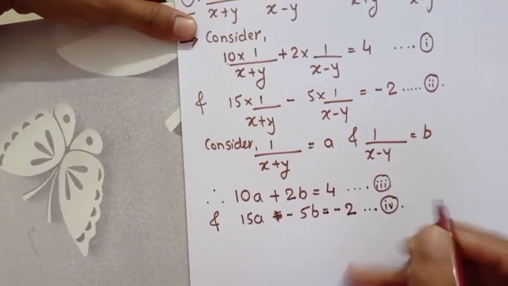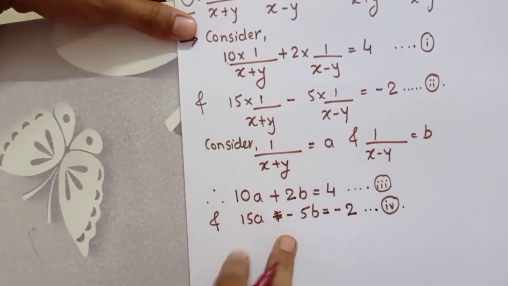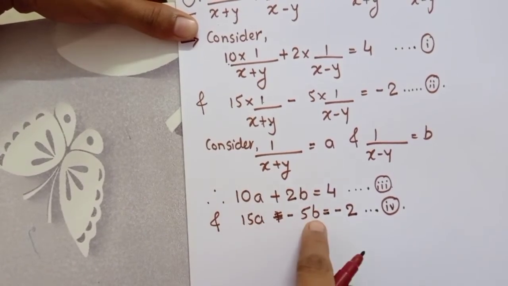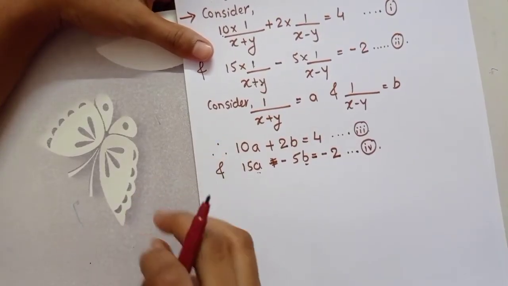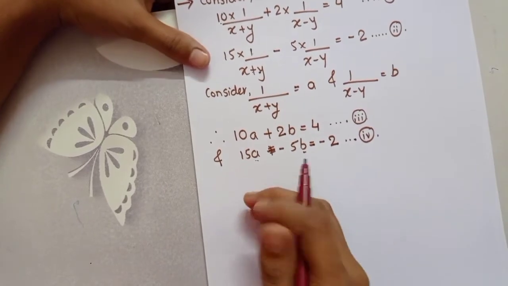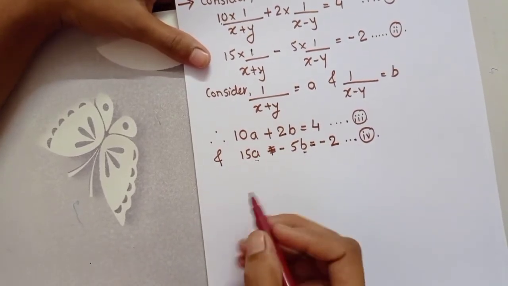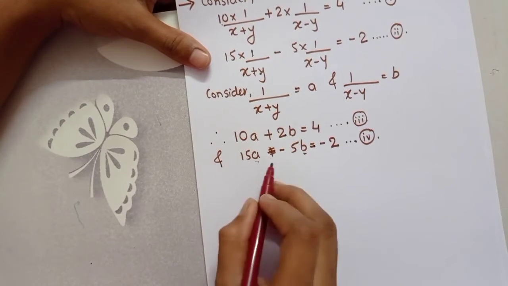Here we get two simultaneous equations in the variables a and b, and we have solved these types of equations previously. By Cramer's method or any method, we can solve these two equations.